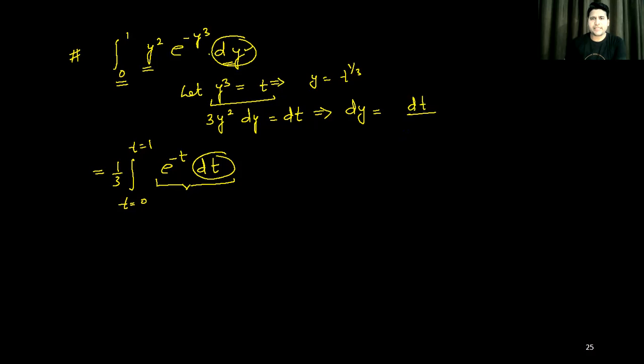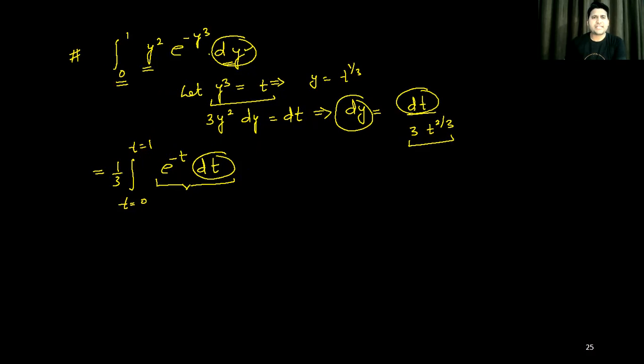So this will be 1 upon 3 into t to the power 2 upon 3. That is, dy is going to be replaced with dt over 3 into t to the power 2 upon 3. This is the case of change of variable in the case of one variable, or we can say in the case of simple or single integral.